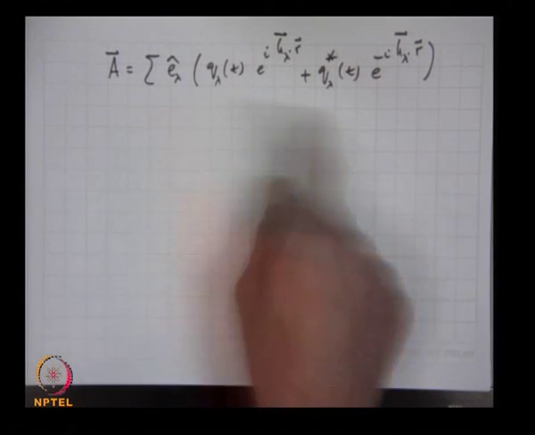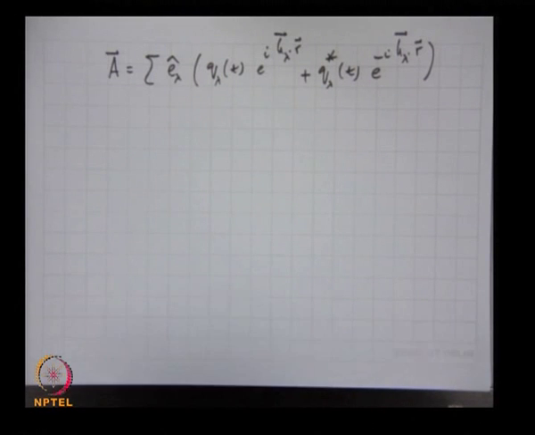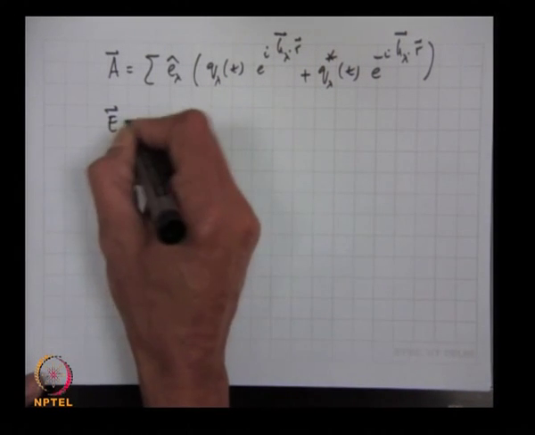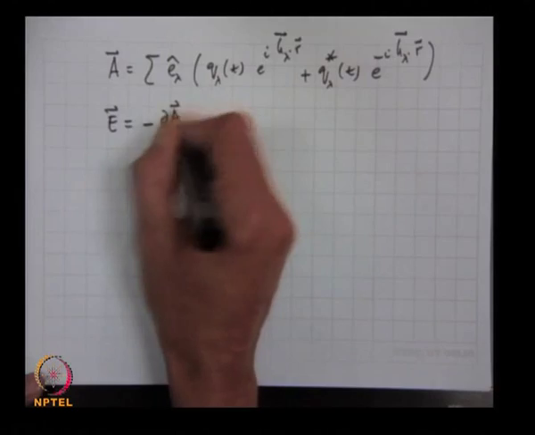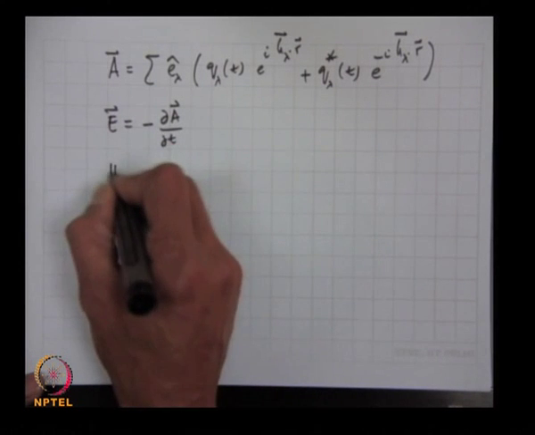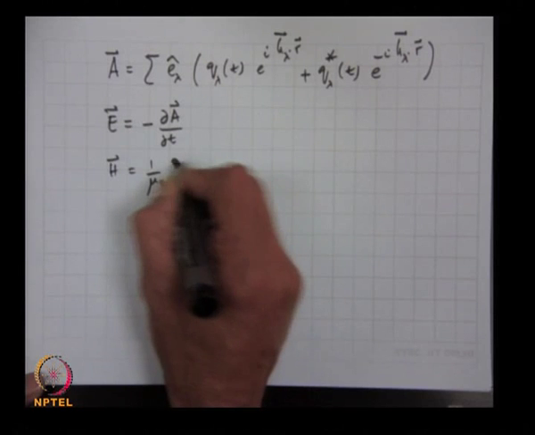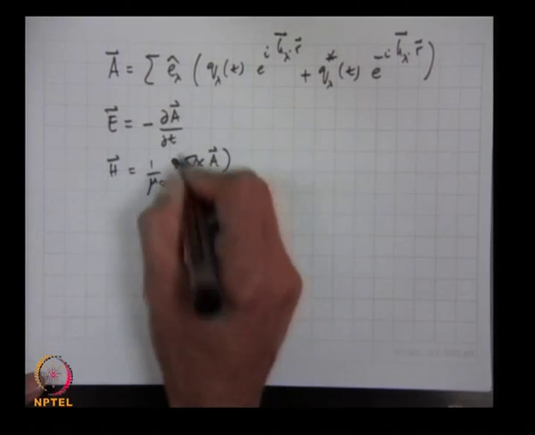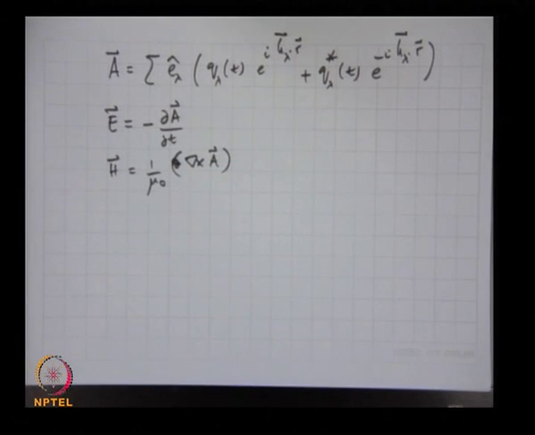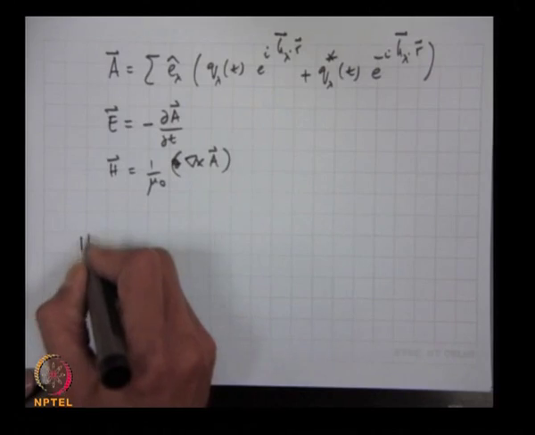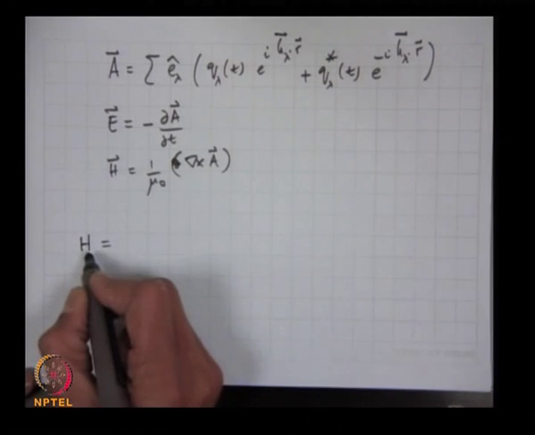Okay, so once we have got the vector A, we can actually calculate E vector, which is minus del A by del t, and H vector, which is 1 by mu naught curl A. So we did this calculation last time, and finally we obtained an expression for the Hamiltonian, the total energy. Please note this is an H without the vector sign.